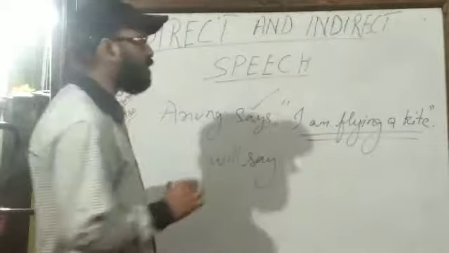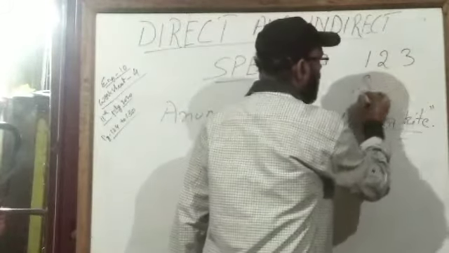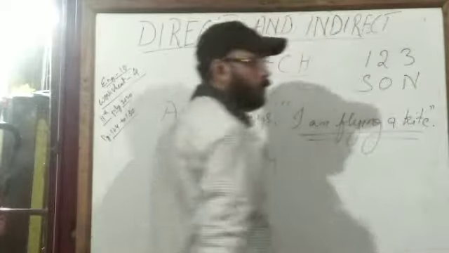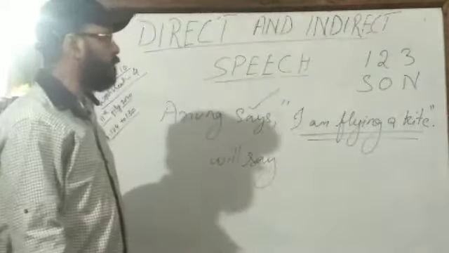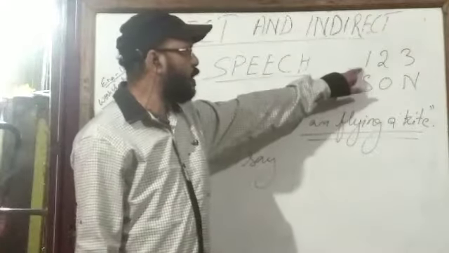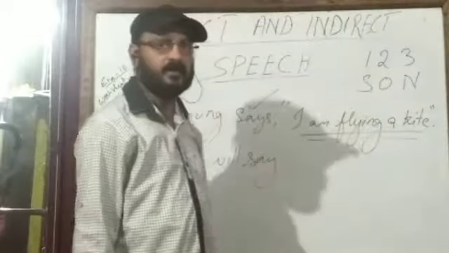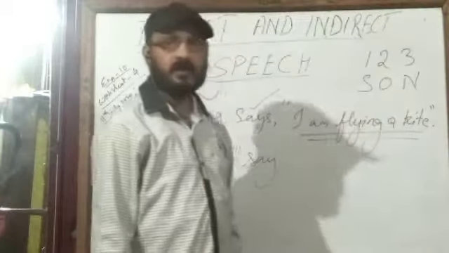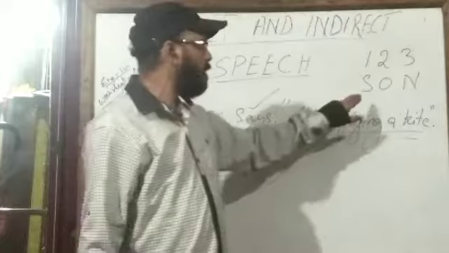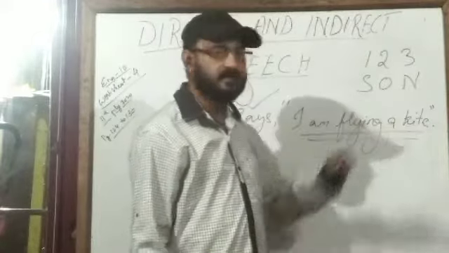Next, one formula you have to keep in mind. Here, 1, 2, 3, S-O-N. Why has sir written 1, 2, 3, S-O-N? What does that mean? See, my dear children, 1 stands for first person, 2 stands for second person, and 3 stands for third person. S means subject, O means object, N means no change.